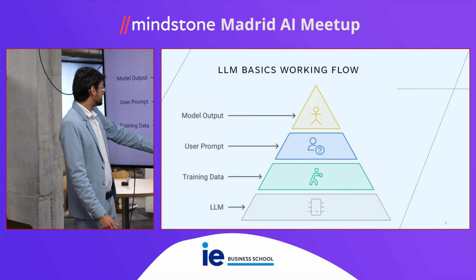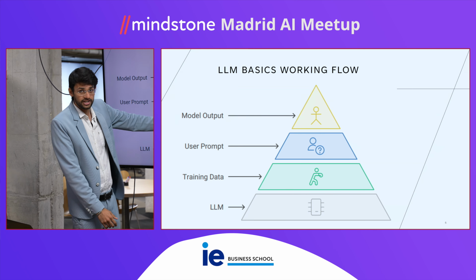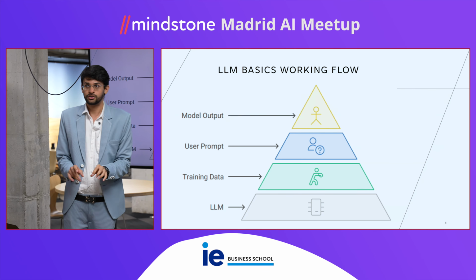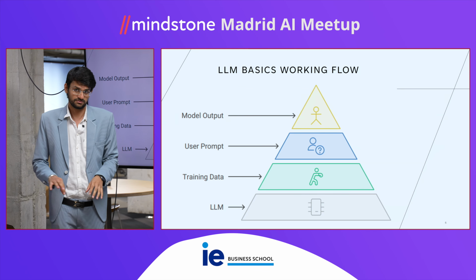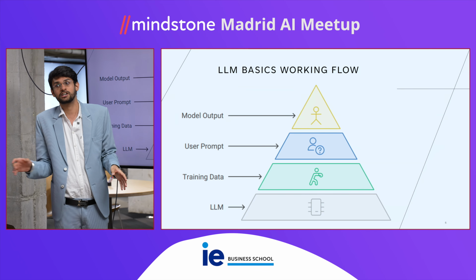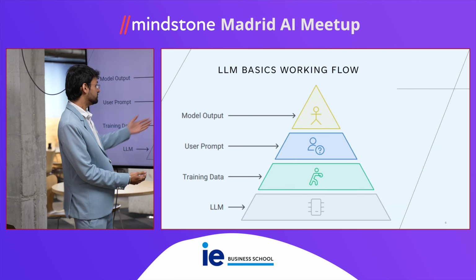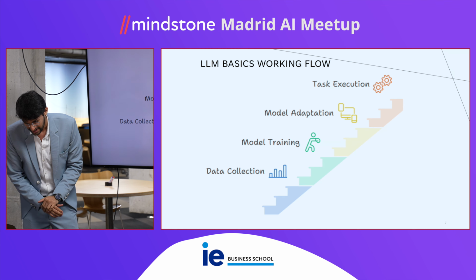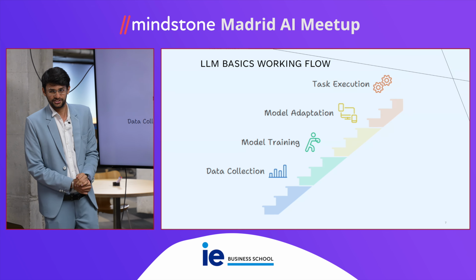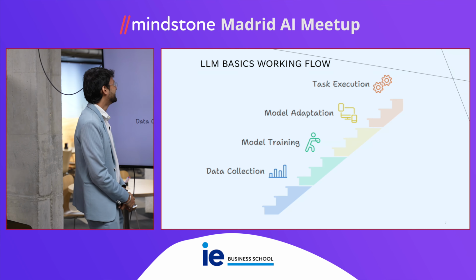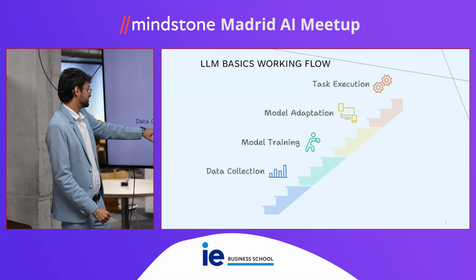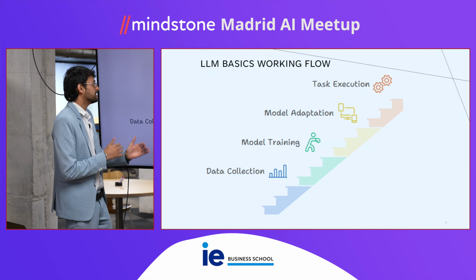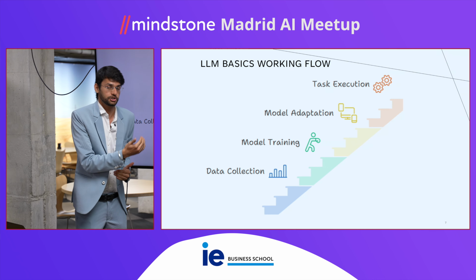You have the large language model, you train on the data, and then you ask, hey, explain to me what is machine learning or what is linear regression. It will give you the output. Very easy, simple. Here it is also the same: you have the data which is collected, you train, and then you make the adaptation and execution.